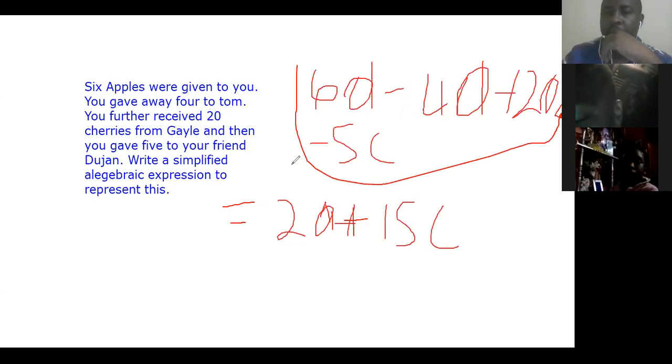So when we come back to class on Wednesday, we're going to be simplifying some more algebraic expressions, and then we're going to look at some equations. All right. Good. So what did you learn tonight?